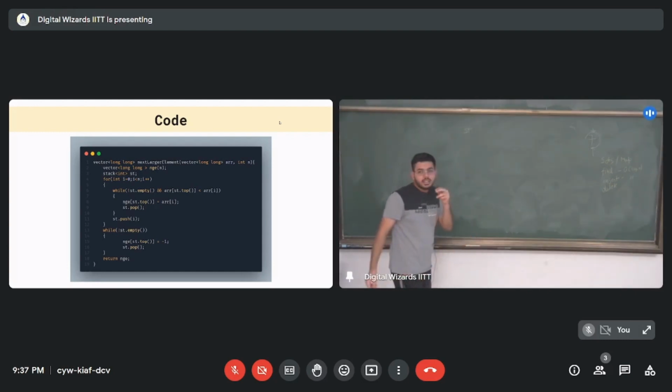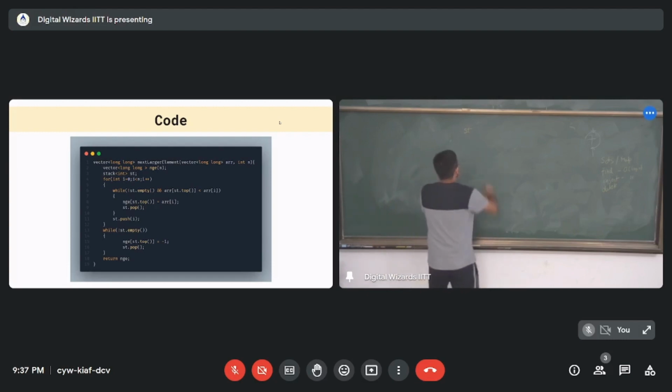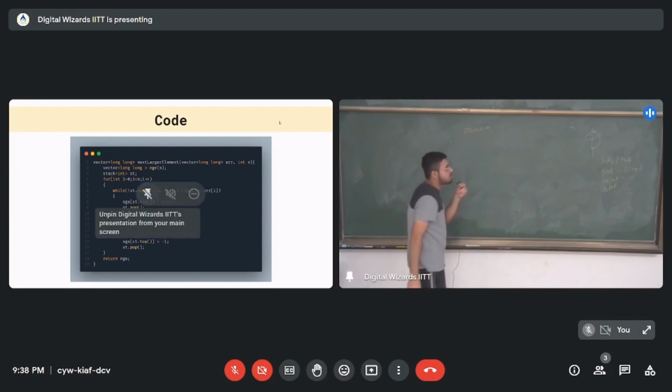Some people get confused regarding the implementation, and I want all your doubts to be cleared. The stack is a must, as we just discussed: for the most optimized approach, we need a stack.